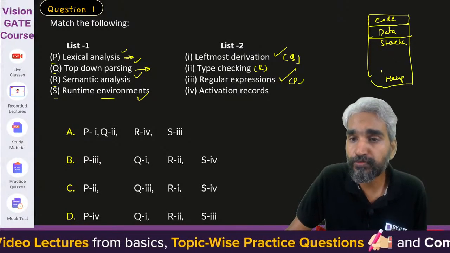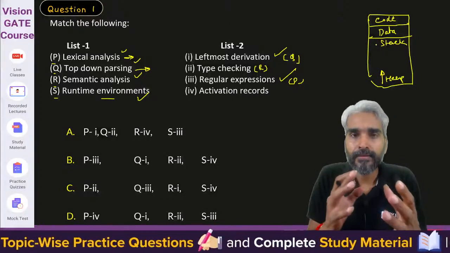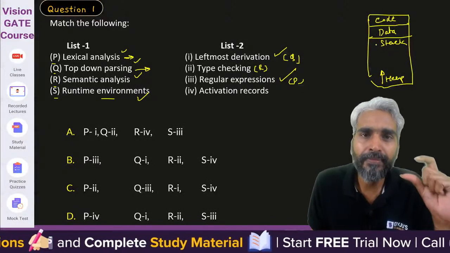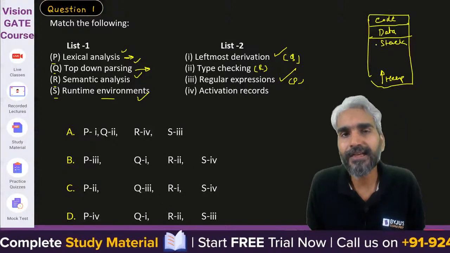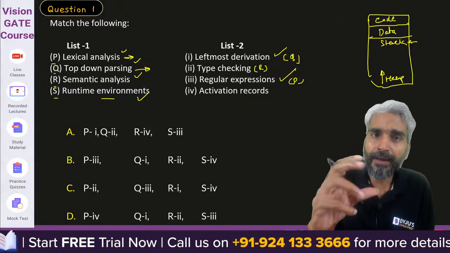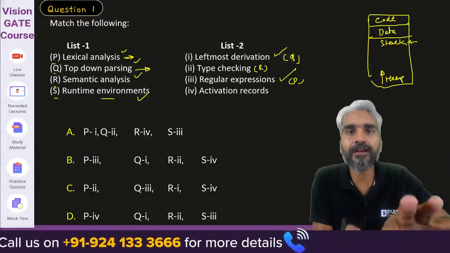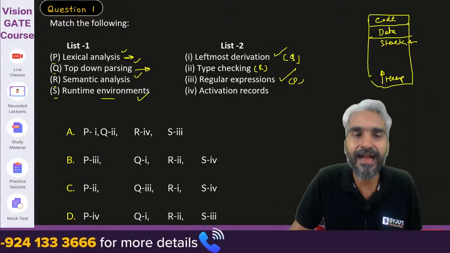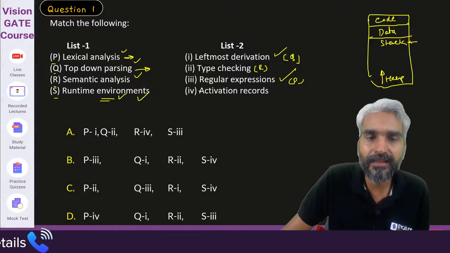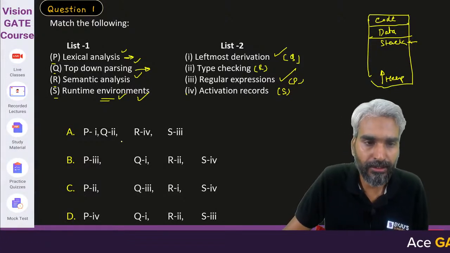The heap is used for dynamically allocated data structures, and the stack is used for keeping track of which particular procedure is being executed at a particular point. So the stack is used for recursion, and if you are executing a particular procedure, you will push the activation record of that procedure into the stack. So among these four, the terminology associated with the runtime environment is this activation record. So sir, what is this?